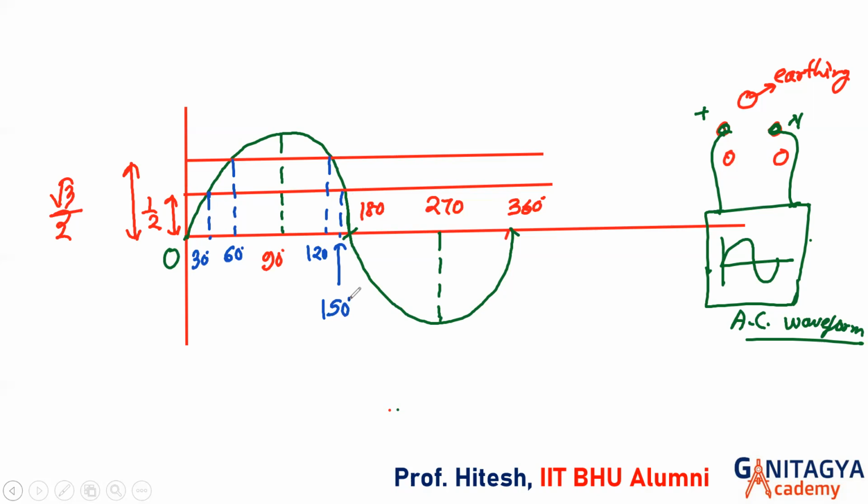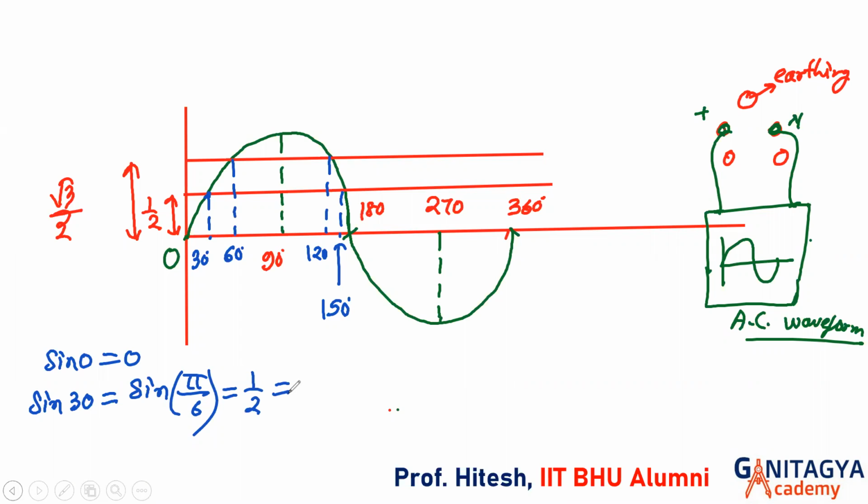अंडरस्टूड? So आप डायरेक्ट लिख लो, sin 0 is equal to 0. साइन 30 कितना बता दीजिए? साइन 30, चलिए साथ में इसको मैं पाई की टर्म में भी लिखता हूं. So 180/6 मतलब pi upon 6, that is 30 degree, that is given by 1/2. और कहां पर है? साइन 150 पे.